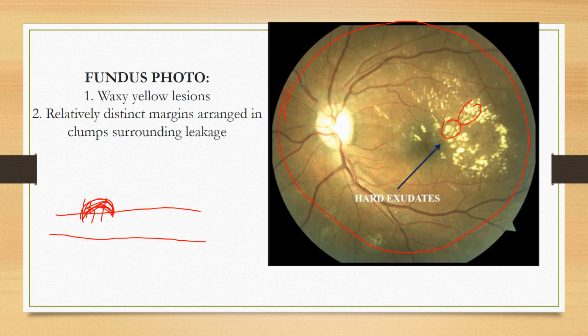When you see binocularly using IDO, you will be able to see its contours. There will be a clump of lipids, and they have a distinct margin. Why I say distinct margin is that even cotton wool spots will appear as the same yellow dots. The thing is, they don't have a distinct margin, whereas hard exudates have a distinct margin.